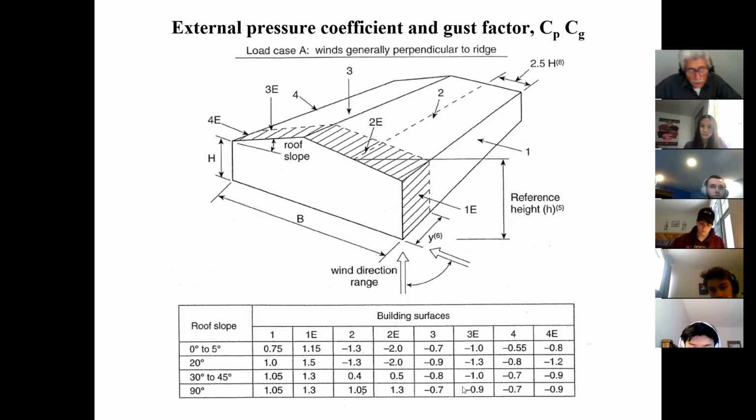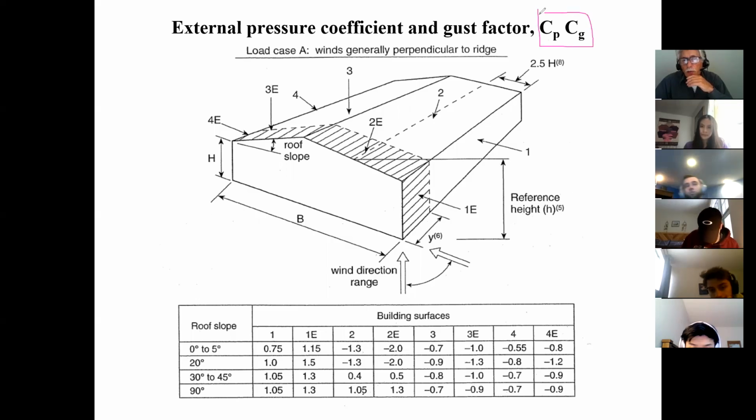Now, this here, okay guys, let's talk about this. This is straight out of my National Building Code, the supplementary to the National Building Code. What it does is give you the values. Look at the external pressure coefficient table here.